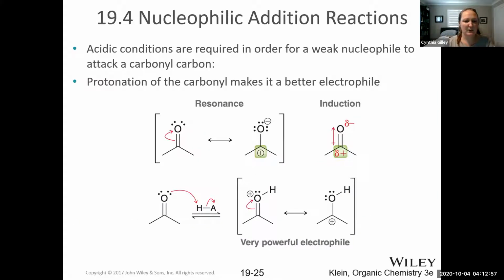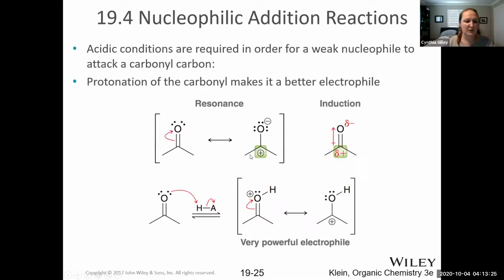Let's talk about the activation of the carbonyl that I was talking about that occurs under acidic conditions. We talked about before the fact that the carbonyl carbon is electrophilic even without protonation of the oxygen, right? When we draw these two resonance contributors, we see there is a partial positive charge on the carbon, as well as a partial positive charge from induction.